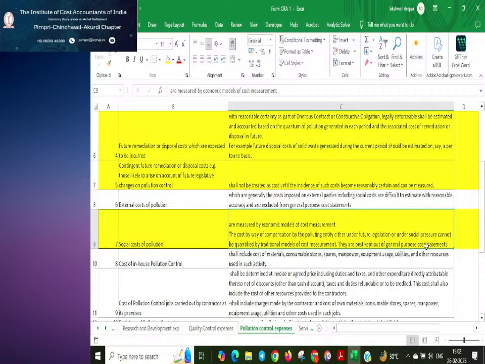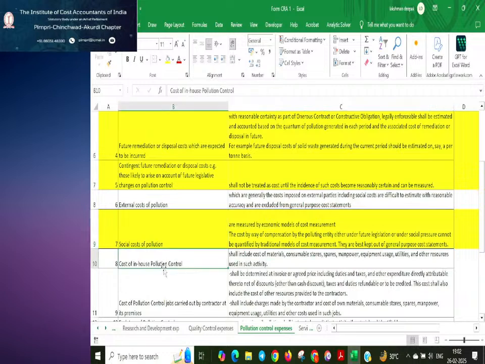But how much is the cost of that, which the society is bearing? Can you ever estimate it? You cannot estimate, right? So that is something called social cost. This cannot be included in our cost statement because with certainty you cannot tell how much the cost is. Got it? So this is one of the aspects of pollution control.